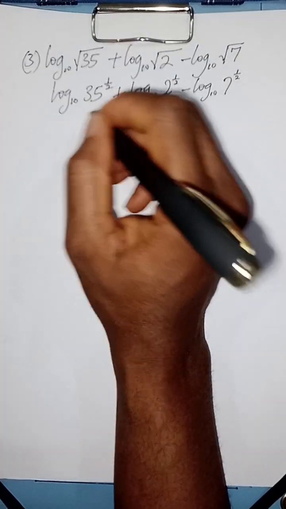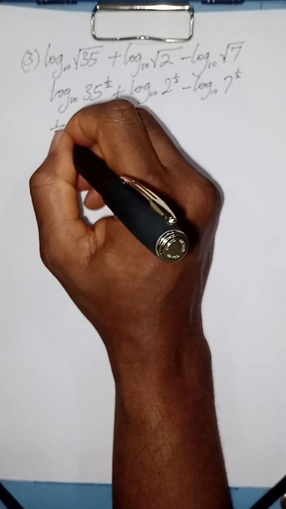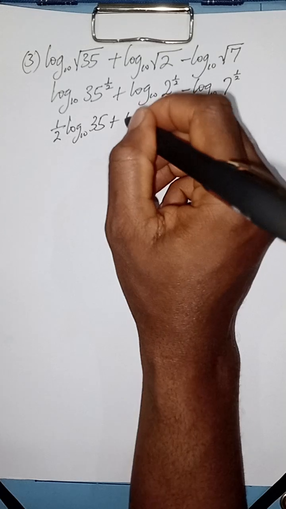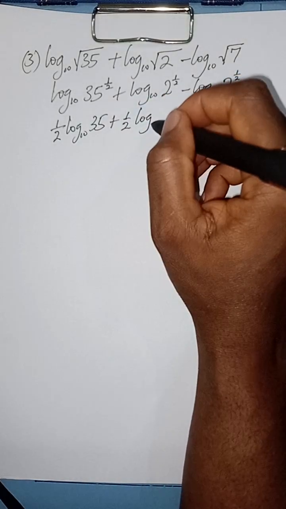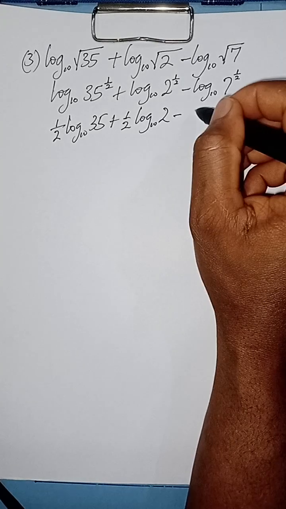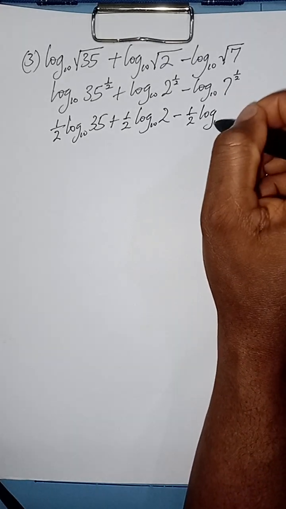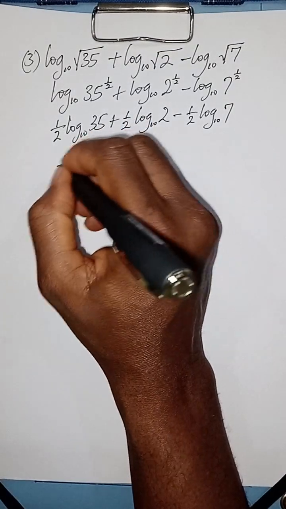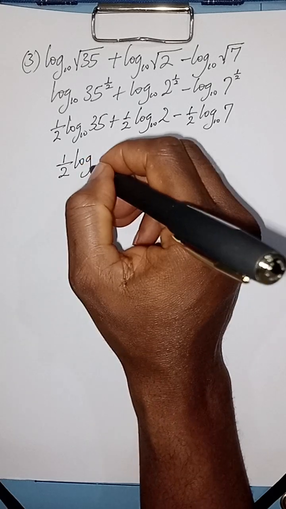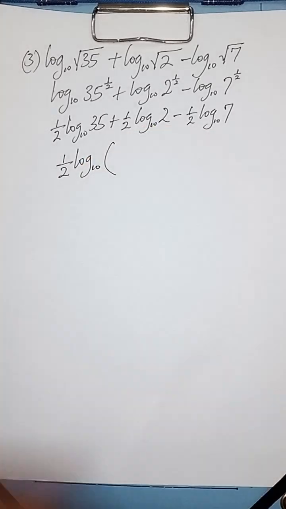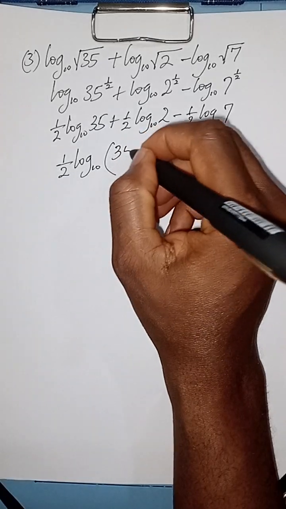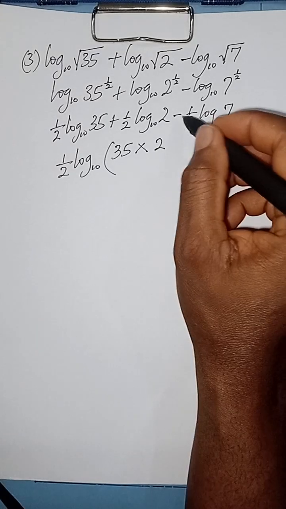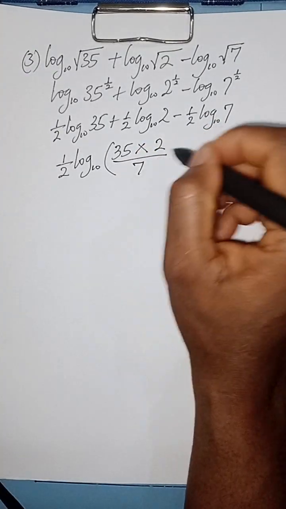Next step is to take the power 1 over 2 to the side. So it becomes half log 35 plus half log 2 minus half log 7. So at this point, you know what to do now, right? You pick one of the logarithms, half, since they all have the half, then 35 plus its multiplication times 2 minus its division, divide by 7.